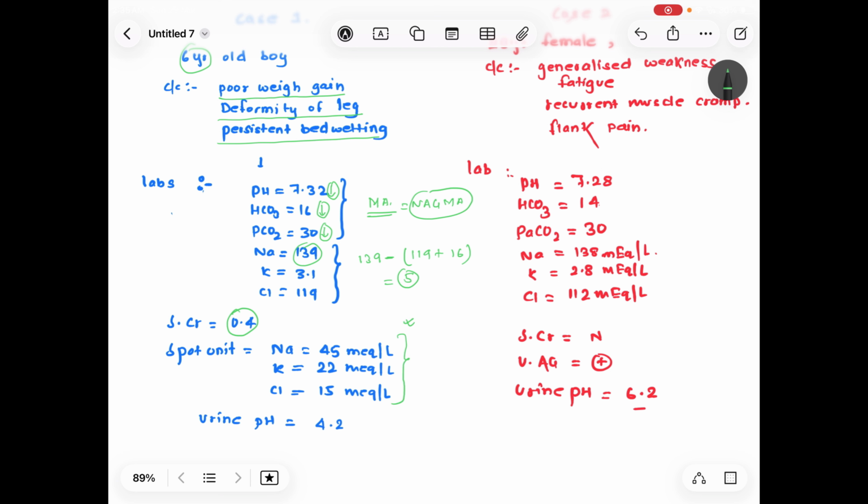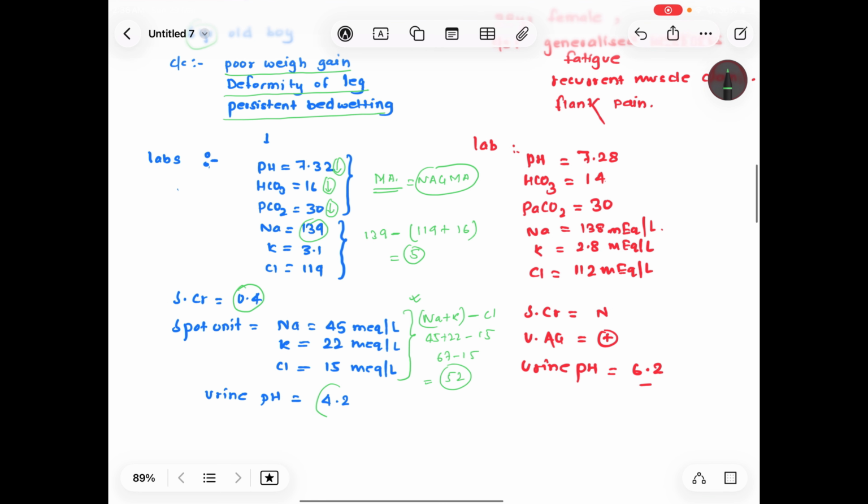We'll calculate urine anion gap, whose formula is sodium plus potassium, which is different from the blood anion gap, minus chloride. This is 45 plus 22 minus chloride 15. 67 minus 15 is 52. And the urine pH is 4.2, which is slightly on the acidic side.